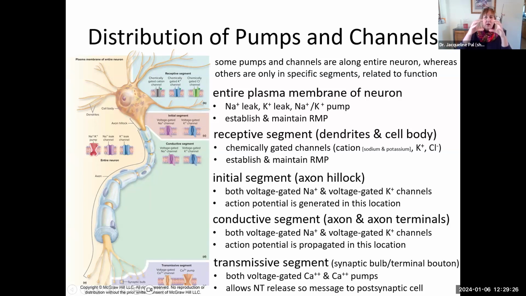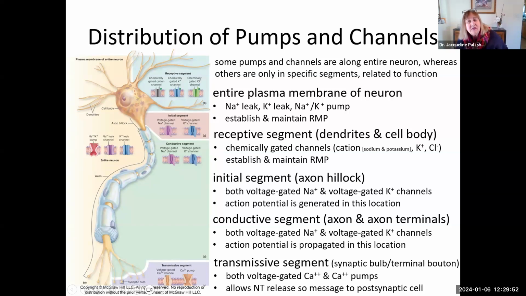That is the signal for the synaptic vesicles filled with that neurotransmitter acetylcholine to undergo exocytosis and release those neurotransmitters into the synaptic cleft where they're looking for their receptors on the postsynaptic cell. Okay. If you don't have that influx of calcium, then acetylcholine cannot be released.